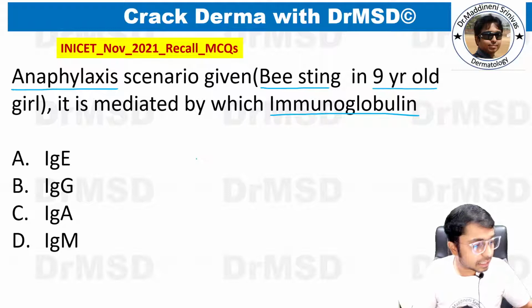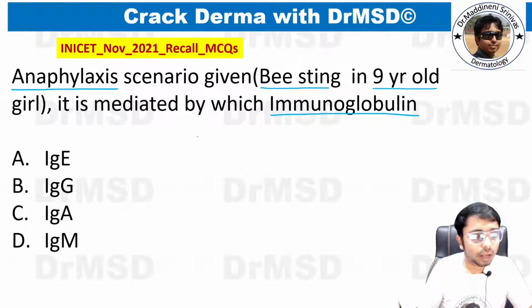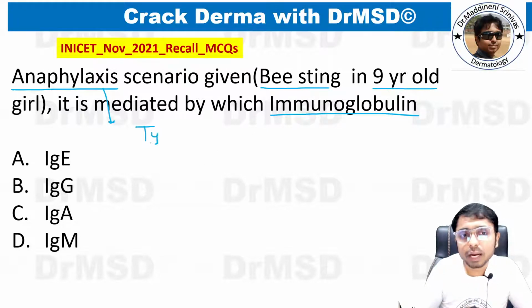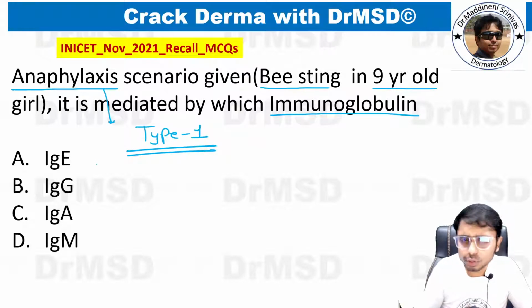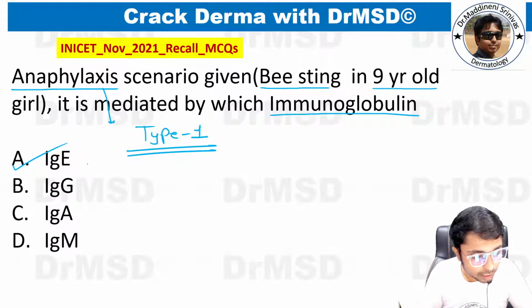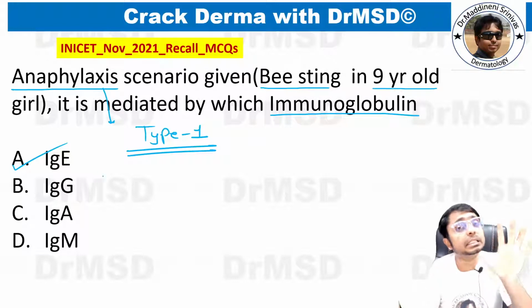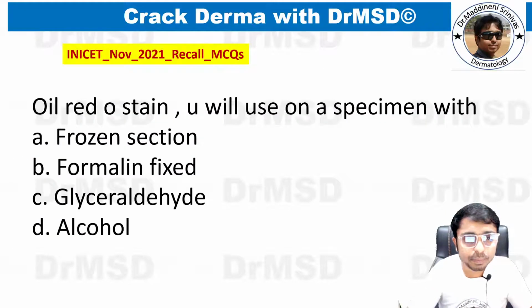So please try to answer what is the correct answer which you have thought about in this question. So anaphylaxis is basically a type 1 hypersensitivity reaction, and I hope all of you know that this is a pathology question, not actually a dermatology question. Yes, Vikram Vishnoi, Dr. Sai Subramaniam, you are right, it is IgE mediated.